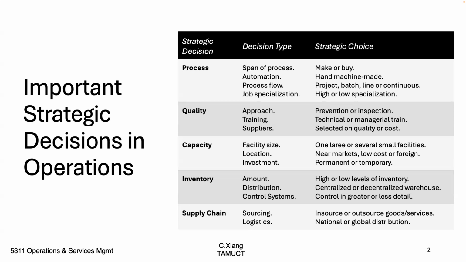On the other hand, if your strategy emphasizes flexibility or fast fashion, then certain supply chain choices, such as slow but inexpensive ocean shipping, may not be appropriate. Even though ocean shipping is cheaper, it does not align well with strategies that require speed, rapid product changes, and short life cycles. These are just examples.